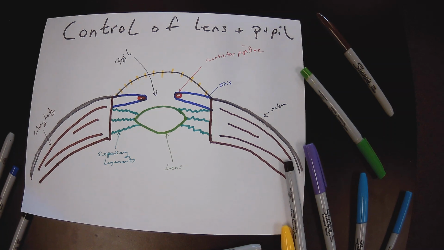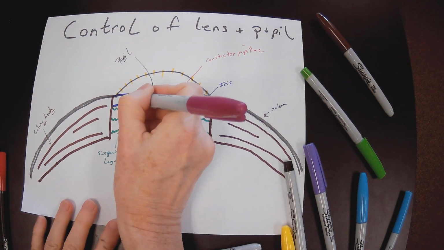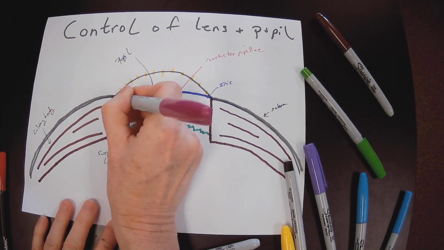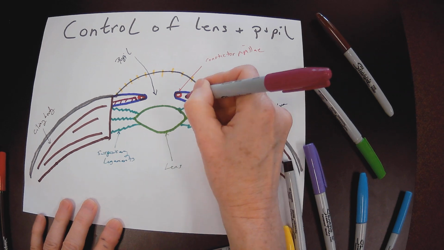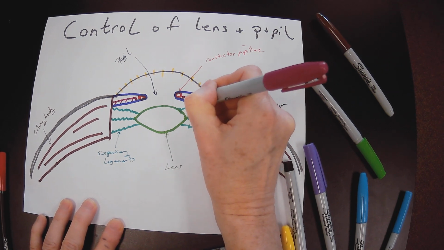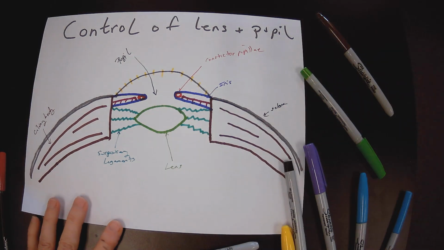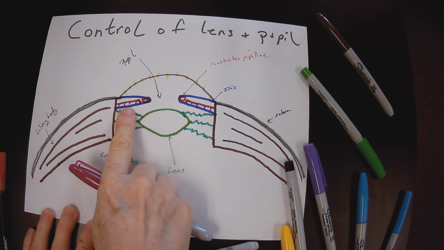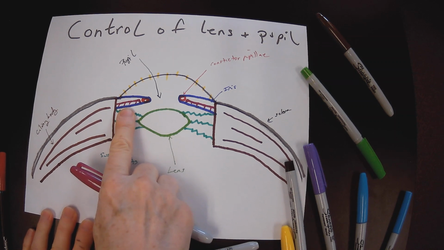Okay, and then, again, going all the way around, you have a muscle. It's going to be a muscle that goes all the way from here, all the way back, and it's all the way around the outside of the iris. Again, an easy way to remember that is to think about what will happen if this muscle constricts or contracts.